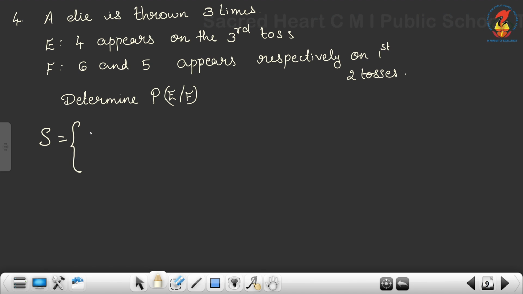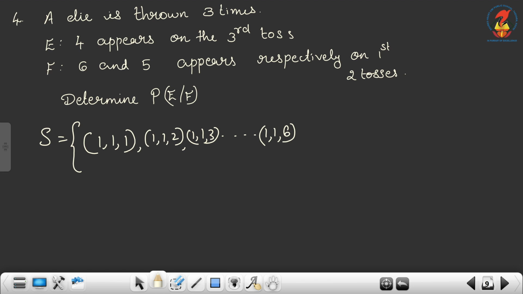Just write how the outcome looks. The 3 numbers are there, as a triplet we have to write. The first one is 1, 1, 1. Then I can write 1, 1, 2. Then 1, 1, 3. Like that. 1, 1, 6. Clear?